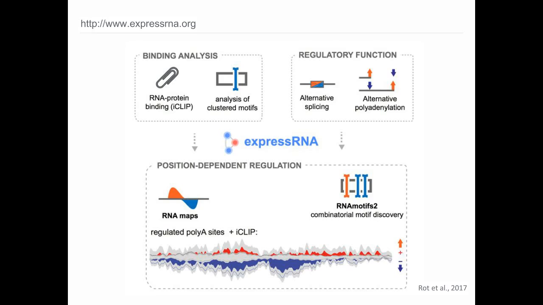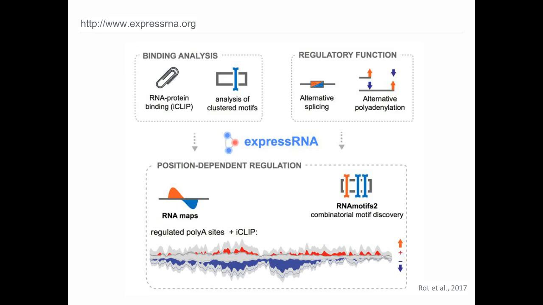And for this purpose, we actually need to integrate a variety of different data sets. So on one hand, Gregor described how this regulatory function can be identified through the QuantSeq, which can be through alternative polyadenylation. We can also input into the pipeline that he developed, the expressRNA, the information about alternative exons that can be identified through standard RNA-seq methods. And then we want to understand the different type of interactome data that are enriched around those sites.